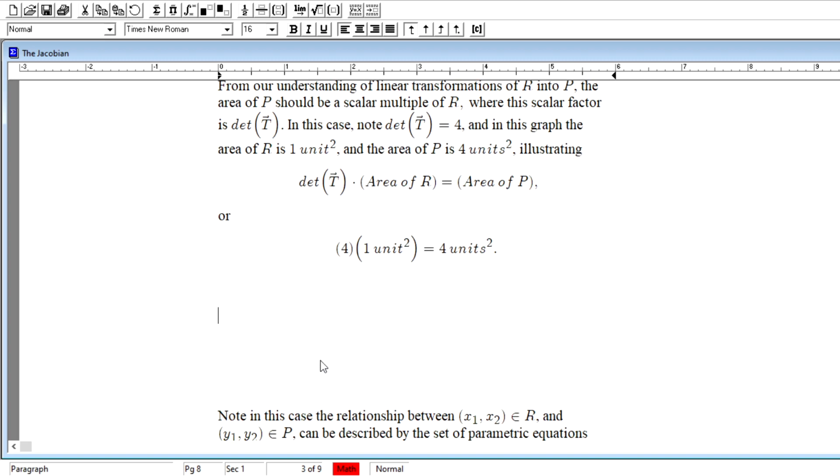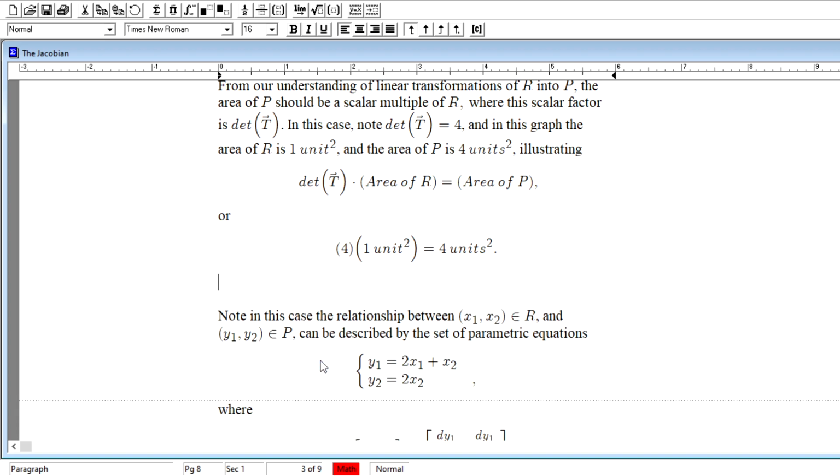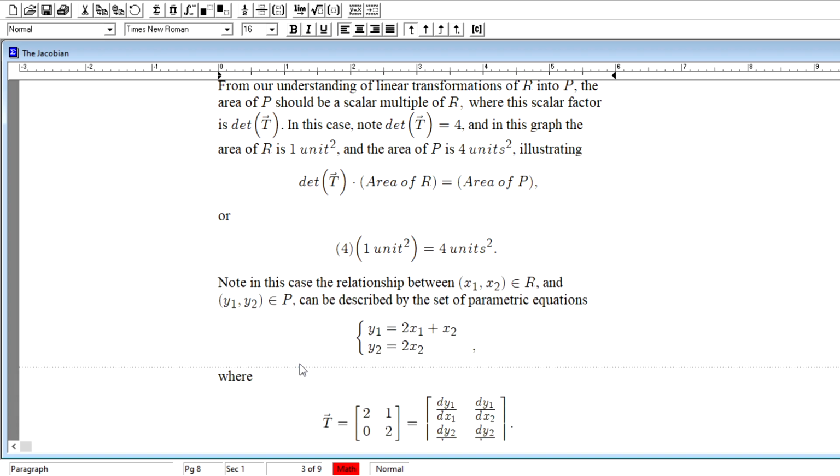Now, we also take note here that in this case, the relationship between x1 and x2 contained in R and y1 and y2 contained in P can actually be described by a set of parametric equations.